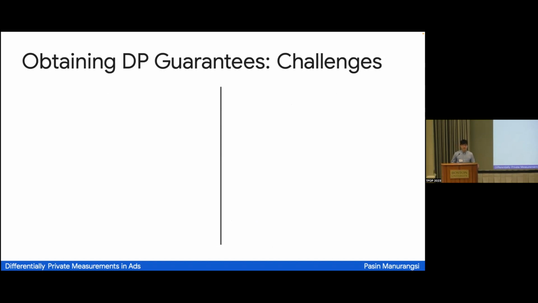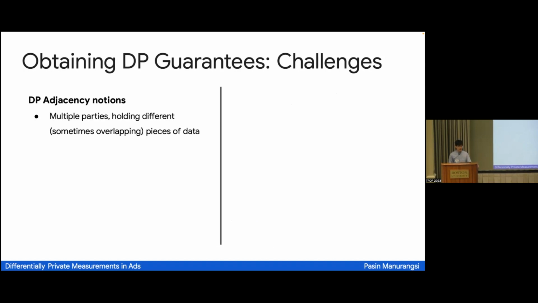Okay, so just to recap here, there are multiple challenges in actually obtaining formal DP guarantees based on these APIs that we design. In particular, for the adjacency notion, we have to think about the fact that there are multiple parties here: the publisher, the advertiser, and although I simplified in this talk, there is also the ad tech.